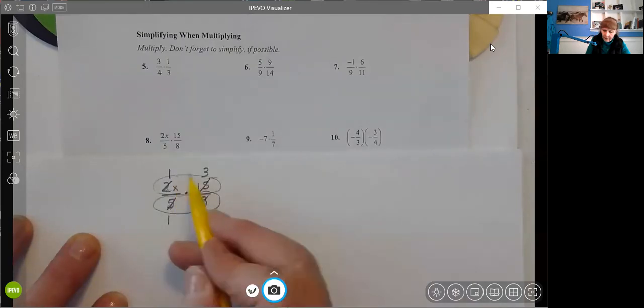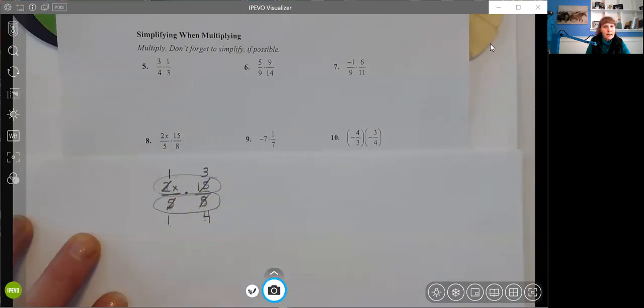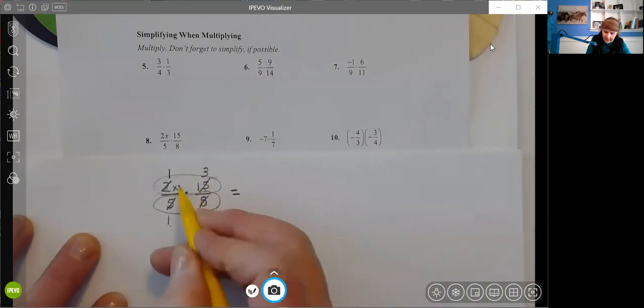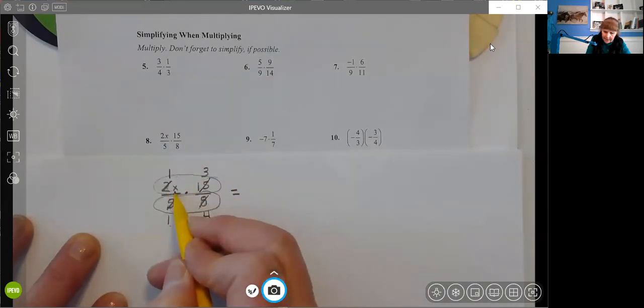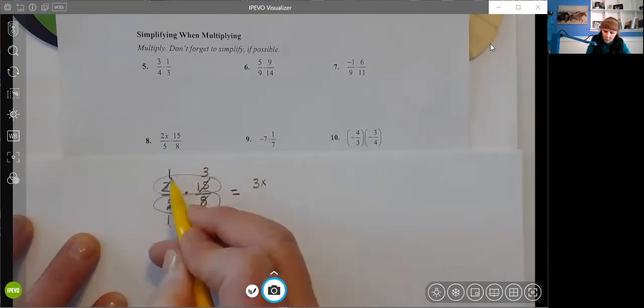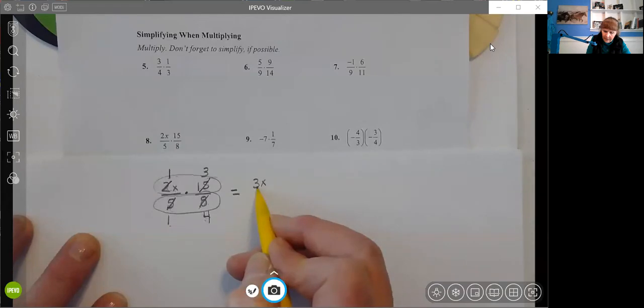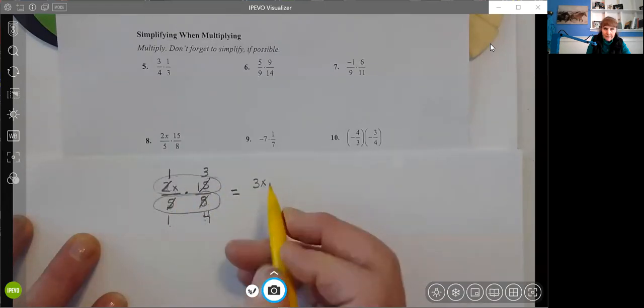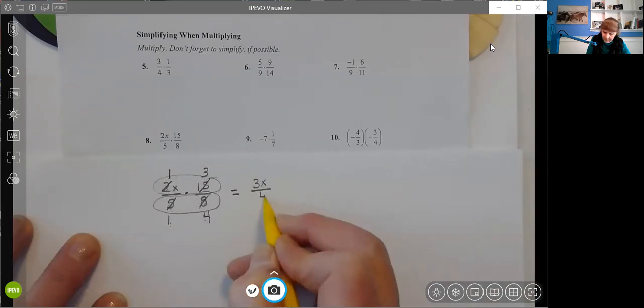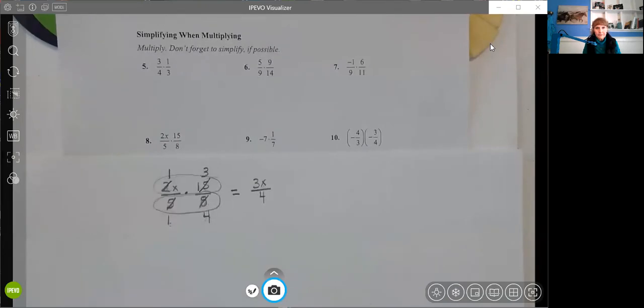So I've got a 1 and a 3 and a 1 and a 4. Looks like I'm done reducing. Don't forget about that x. So I'm going to take 1x times 3, and I get 3x. 1 times 3 is 3, and then you have the x over 1 times 4. So 3x over 4 is your answer.